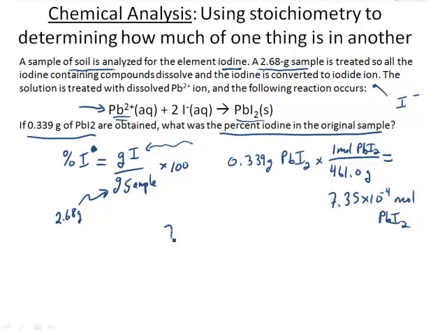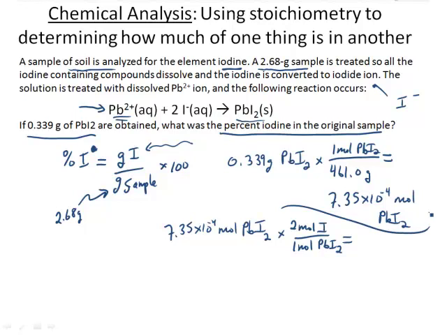Then, 7.35 times 10 to the minus 4 moles of PbI2. We're looking for iodine, and there are 2 iodines per mole of PbI2. So it's 2 moles of iodine per 1 mole of PbI2. That means we're going to have times 2, 1.47 times 10 to the minus 3 moles of iodine. Twice as much iodine.